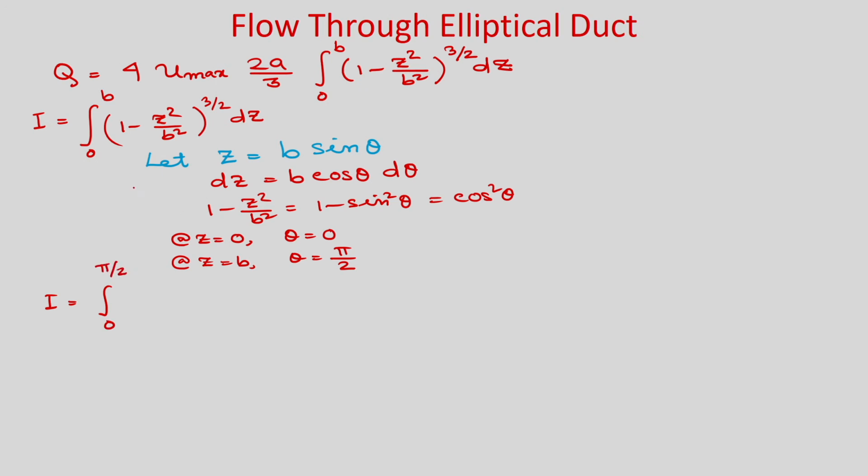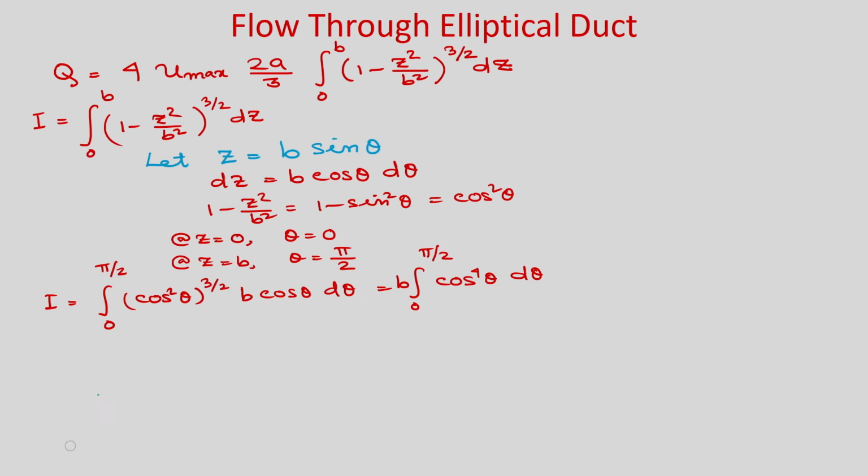In terms of theta, we are writing the limit, cos square theta to the power 3 by 2, and dz is b cos theta d theta. So, this you can write as the integral from 0 to pi by 2, and b is constant, so we can write it outside the integral, and here it will be cos cube theta and cos theta. So, it will be cos 4 theta d theta.